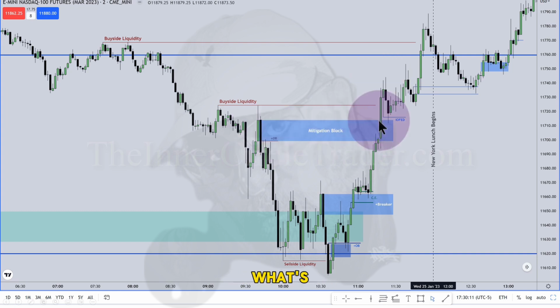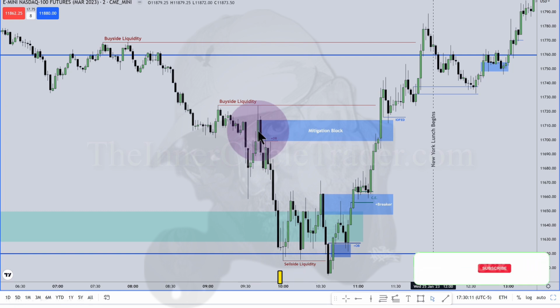Okay, so what's being mitigated here? Any trader that's offside that was going long in here, they can mitigate that trade here. Order blocks and candles are not mitigating. Okay, I see a lot of people using the word excessively.